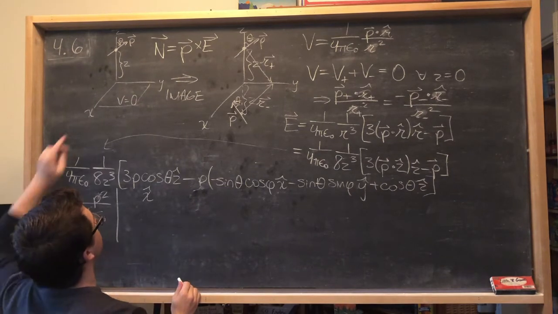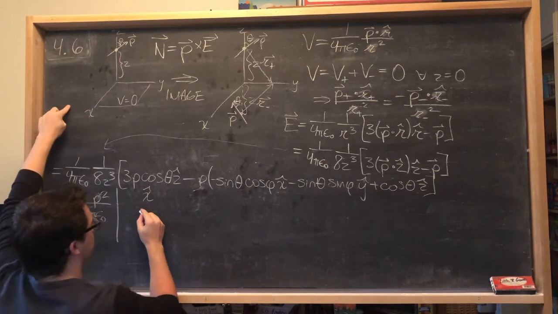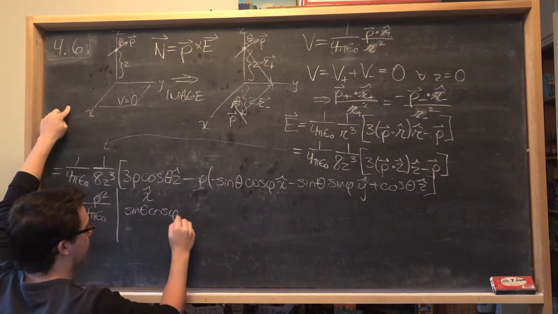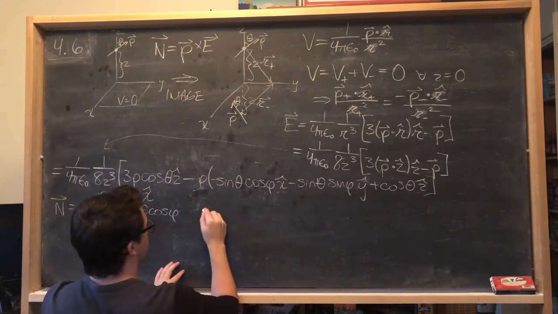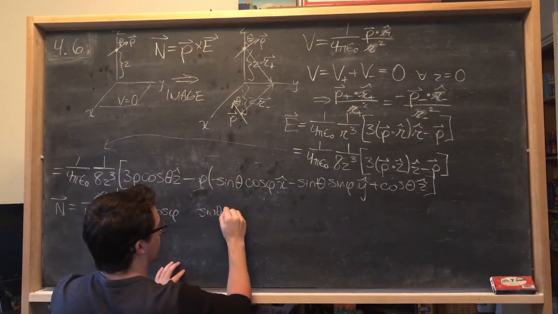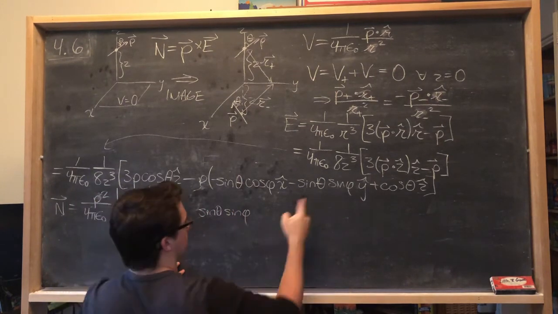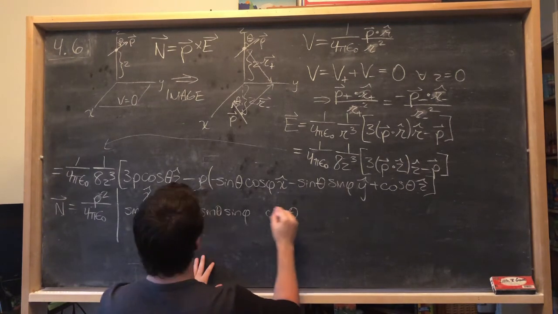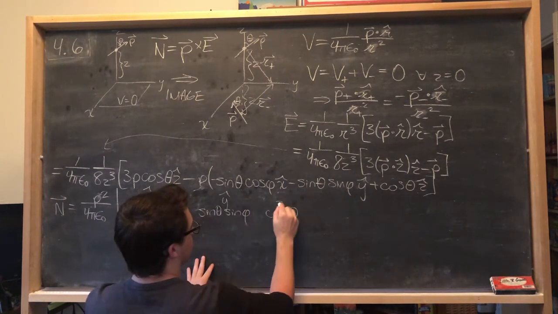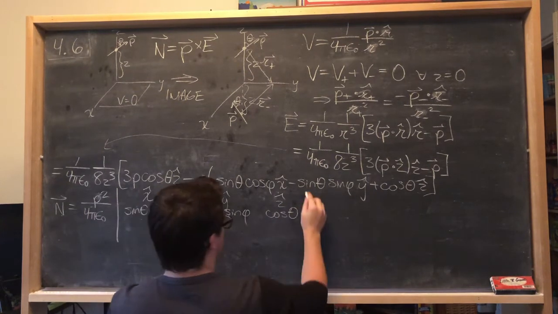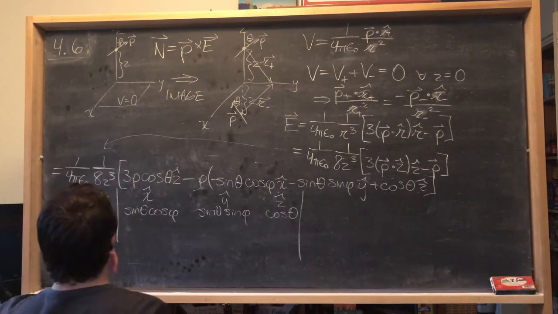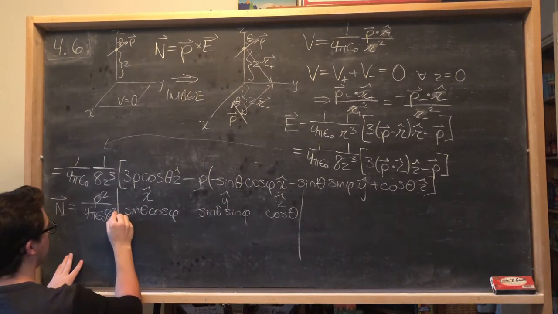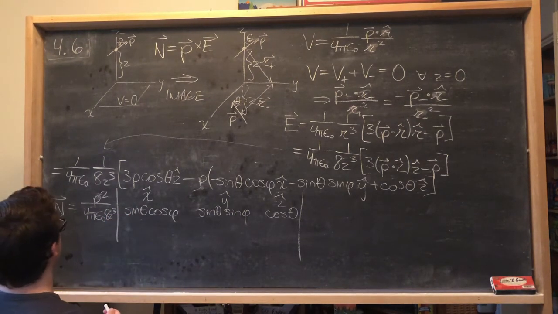So first the original dipole moment, which is going to just be sine theta cosine phi, sine theta sine phi, since it's opposite this one, and then cosine theta, and then our electric field. Oh, I didn't take the 8z cubed out either. That's 1 over 8z cubed.